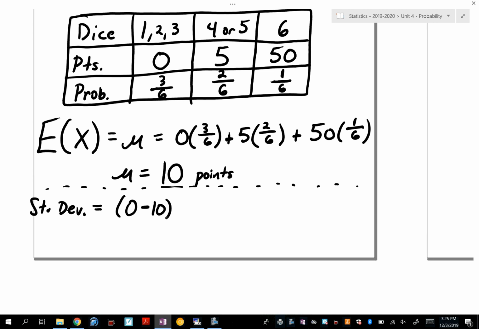What do we have to do to make sure that we don't cancel things out as we start adding? What am I going to put right there? Close. Square. Because if you square it, then it becomes positive for sure.